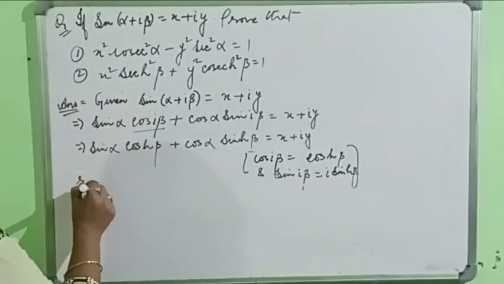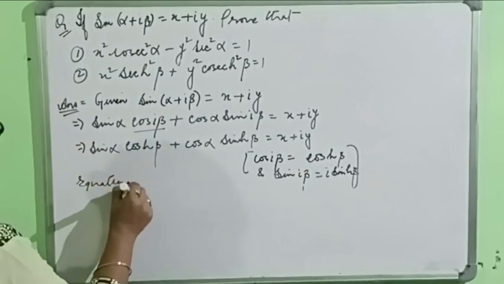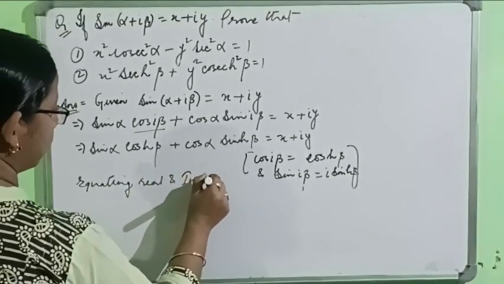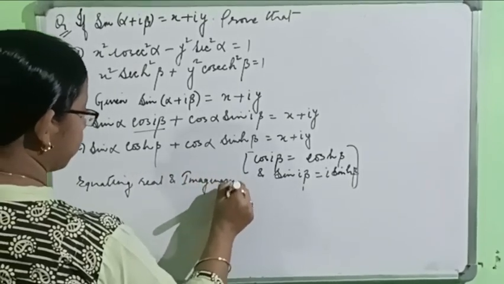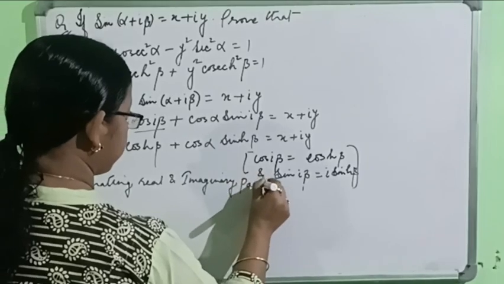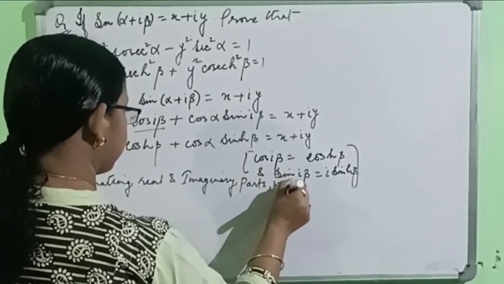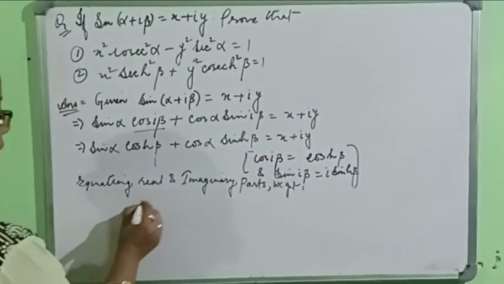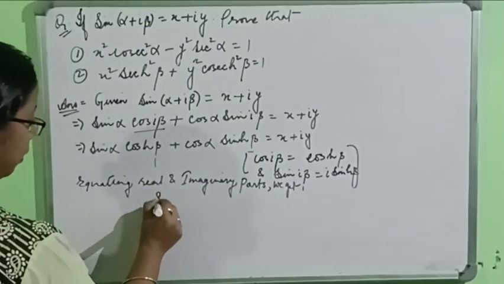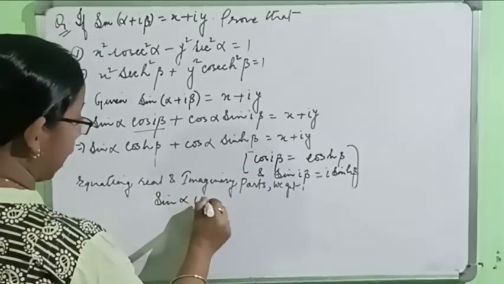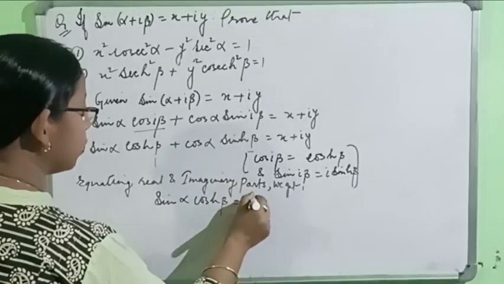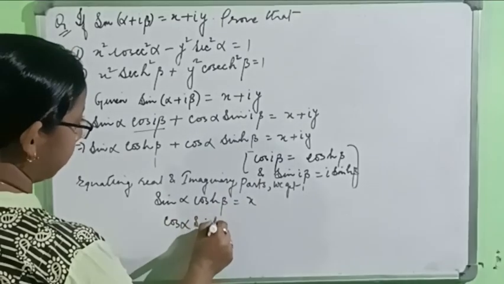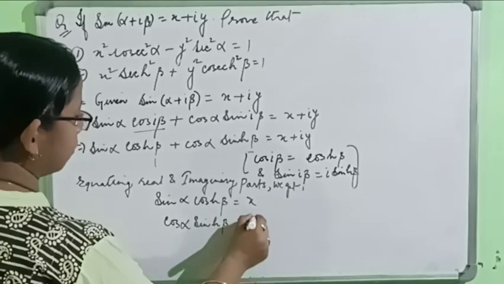Next, equating real and imaginary parts, we get: this is the real part in left hand side and this is the real part in right hand side, that is sin alpha cos hyperbolic beta is equal to x, and cos alpha sin hyperbolic beta is equal to y.